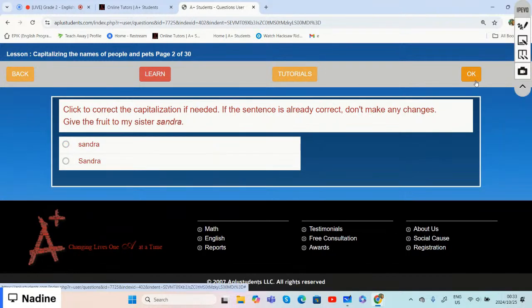Number two says click the correct capitalization if needed. If the sentence is already correct, then don't make any changes.